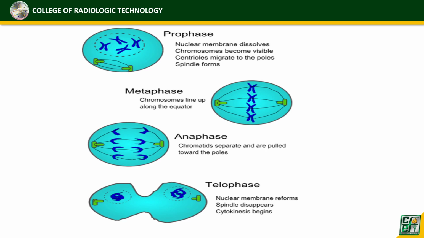Okay, so as you can see here, prophase. Okay, the nuclear membrane started to disappear, the nucleus also, and the nucleolus. Okay, and then the pairs of chromosomes.